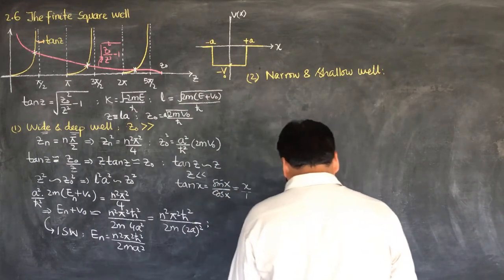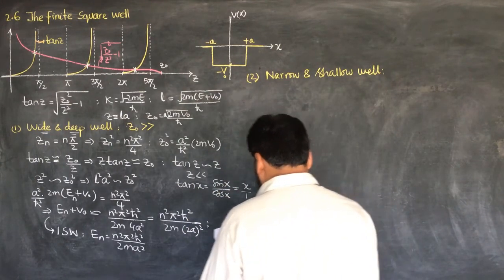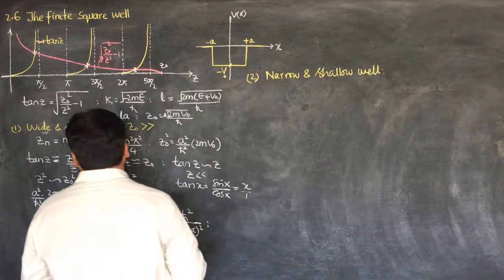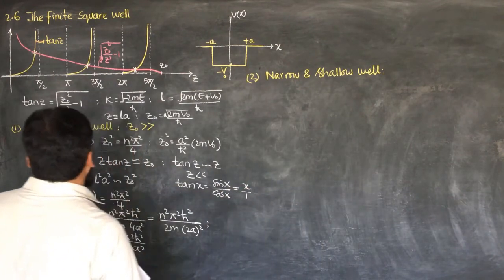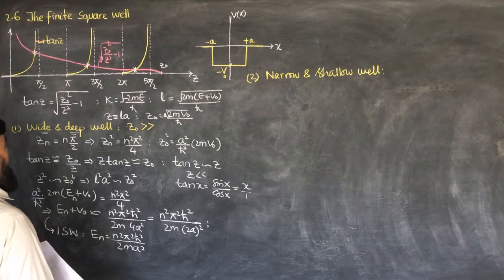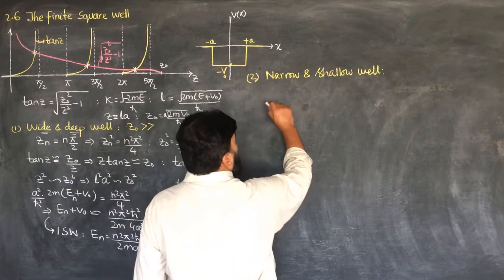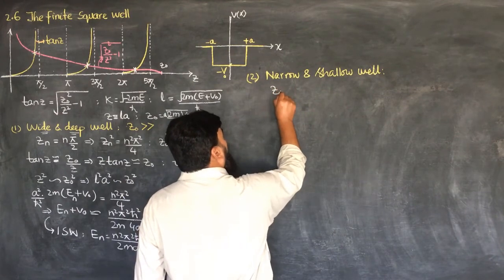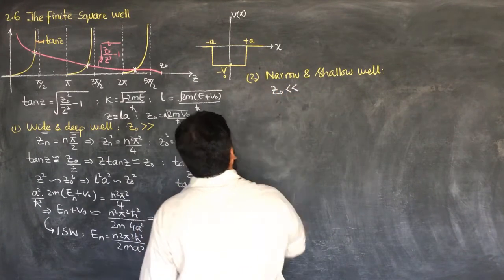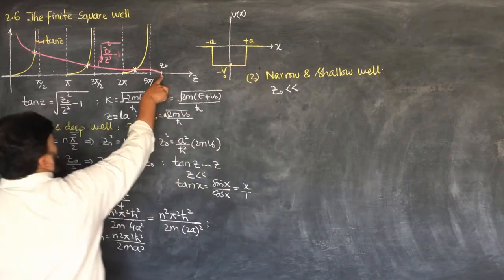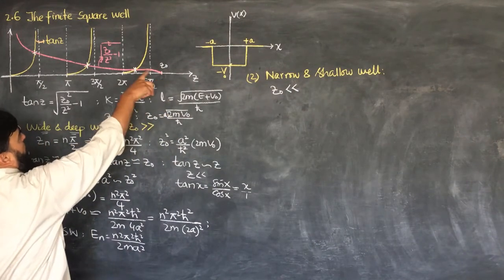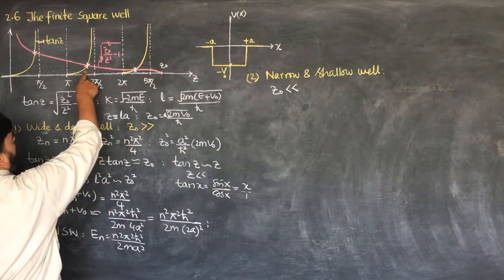In this situation we have to consider z naught to be very, very small. Up to here we considered z naught and got three solutions.